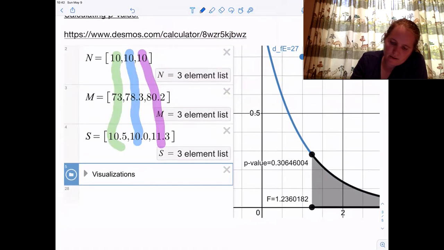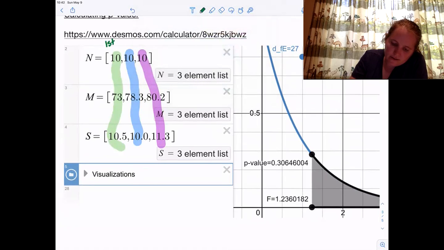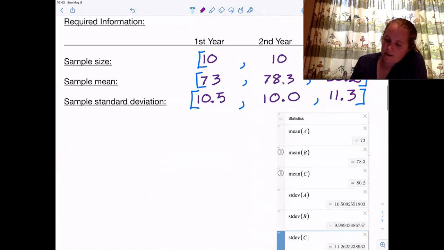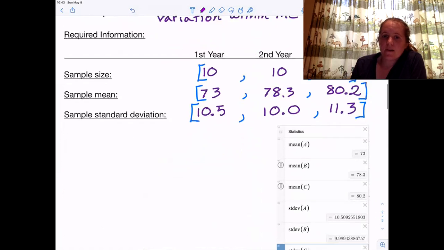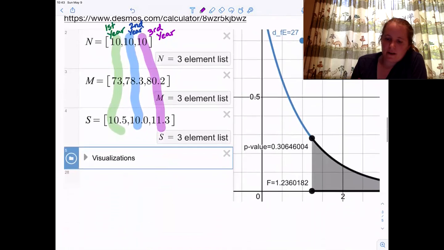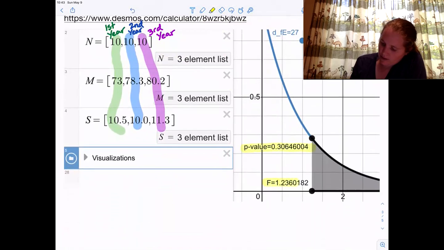So this is first year, second year, and third year. So that does match precisely how I recorded the information here. First year, second year, third year, right? Then we have our p-value and our F-score just right in the image.